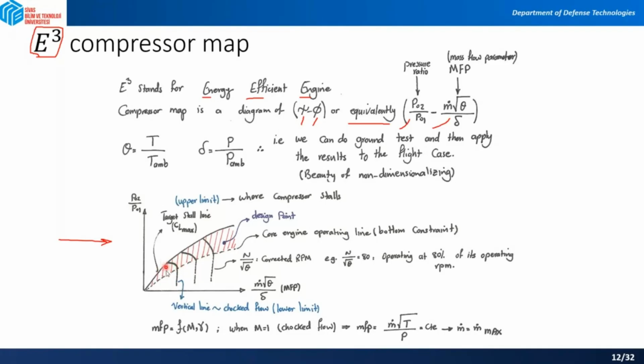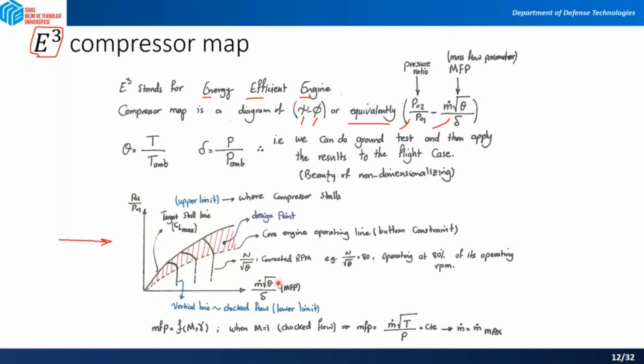At this 500 RPM, they change the mass flow rate. This is done by putting some barrier at the back of the compressor, so they can adjust the mass flow rate.